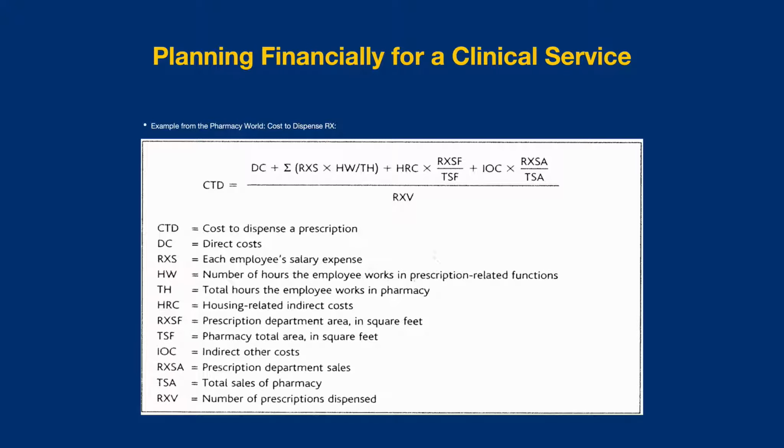In the community pharmacy world, there are numerous formulas to evaluate what it costs to fill a prescription. And as we talked about in prior lectures, those pharmacies, to be efficient, need to be good at inventory management and also at utilizing workflow to the maximum.